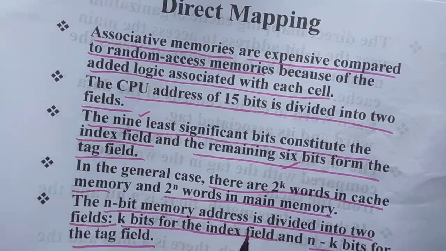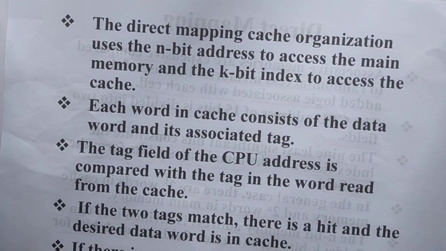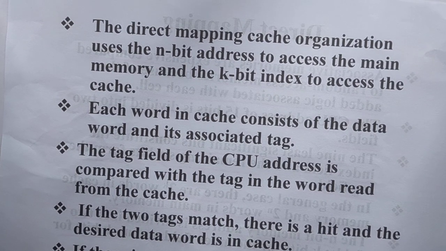K is for cache, n is for main memory, defined through the n-bit address as per this memory. We will see how it is designed in a certain way, and then we will find out the reason behind this.